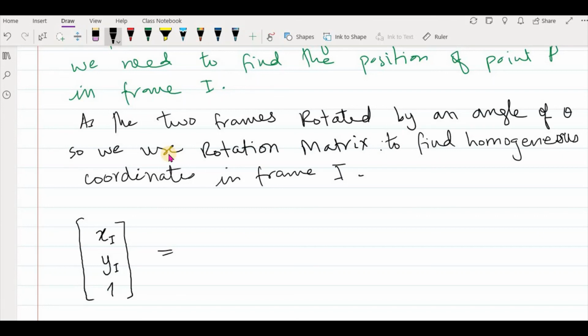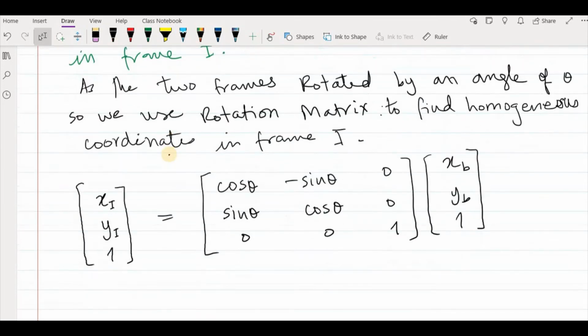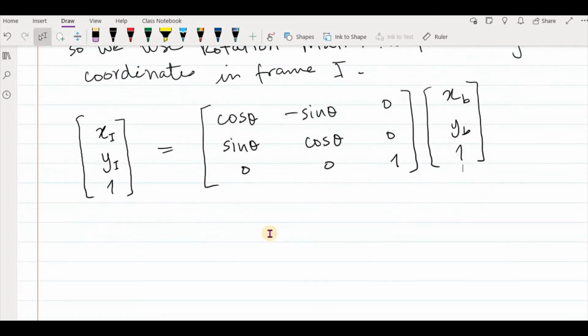So these are the homogeneous coordinates, and then we have a homogeneous rotation matrix: cosine theta, minus sine theta, 0, sine theta, cosine theta, 0, 0, 0, 1. We multiply it with the homogeneous coordinates of the frame B. Just add 1 below. So this is how you can do the homogeneous rotation. This whole process is the homogeneous rotation.